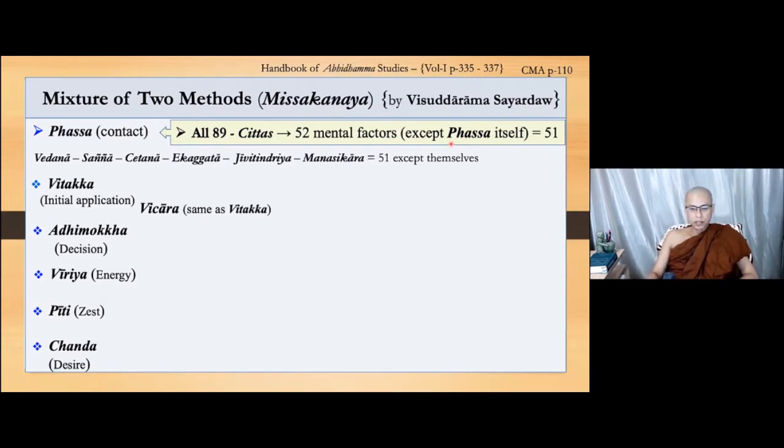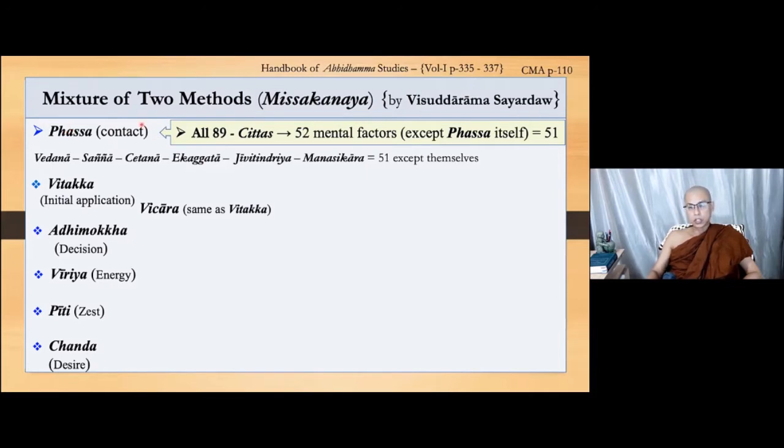We cannot say, I come with me. I come with my friend or someone else. So the other 51 mental factors can associate with Phassa. In this way, we can find the associated consciousness and also the associated mental factors of any mental factor.